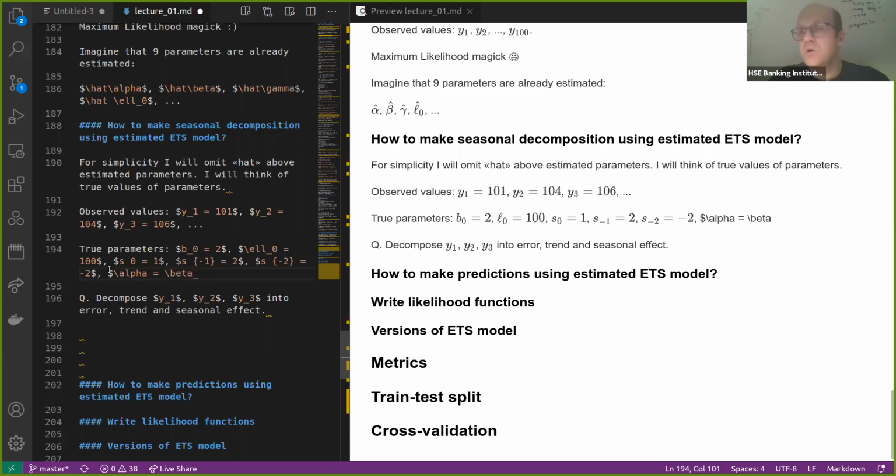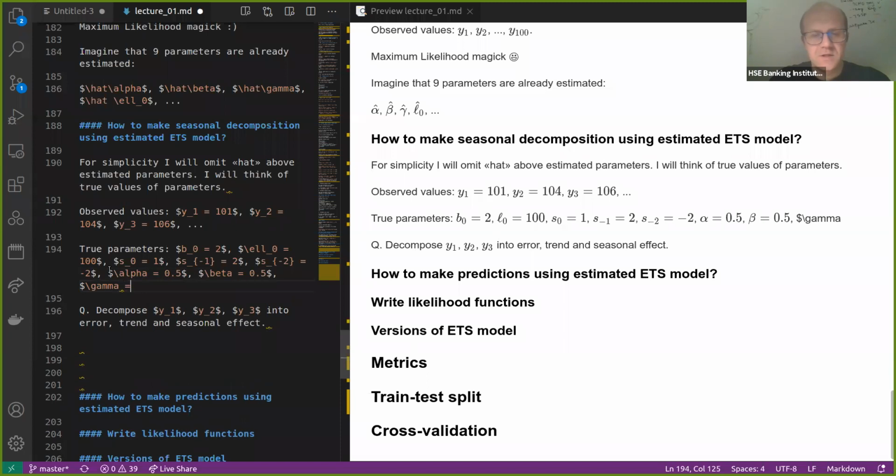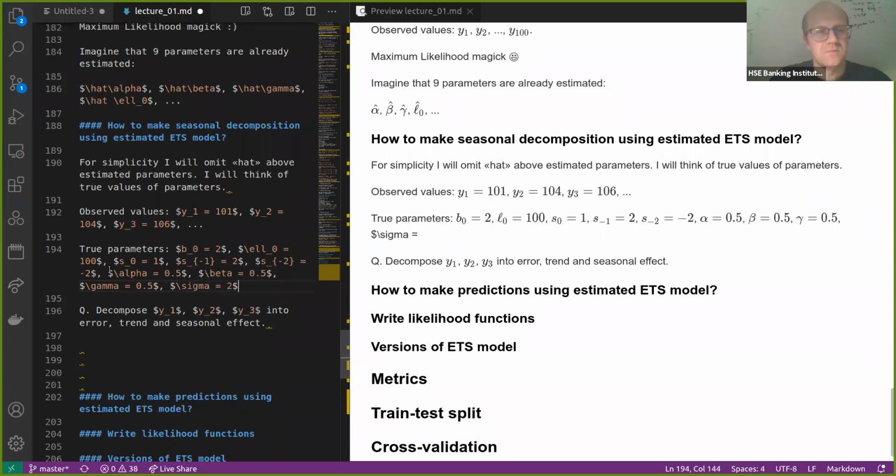They are not necessarily equal, but to simplify calculations, I will say that every Greek letter is just 0.5, because I need to show you how to calculate, but I'm not interested in the exact result. And sigma is 2.